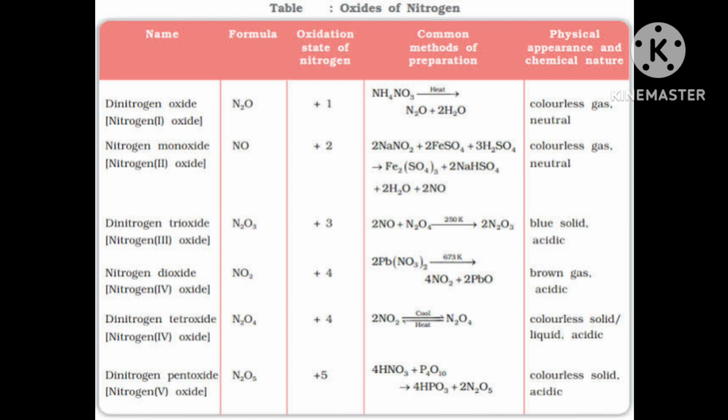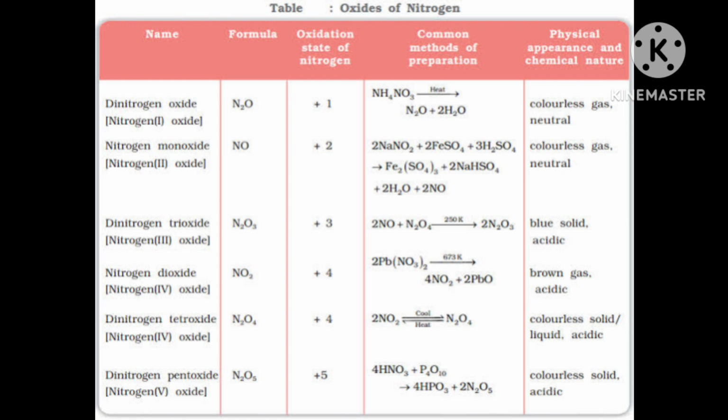It can be liquid or solid, but its character is acidic. Now I have discussed 5. Of these, 3 have +1, +2, +3 oxidation states, and the last 2 are +4 only.